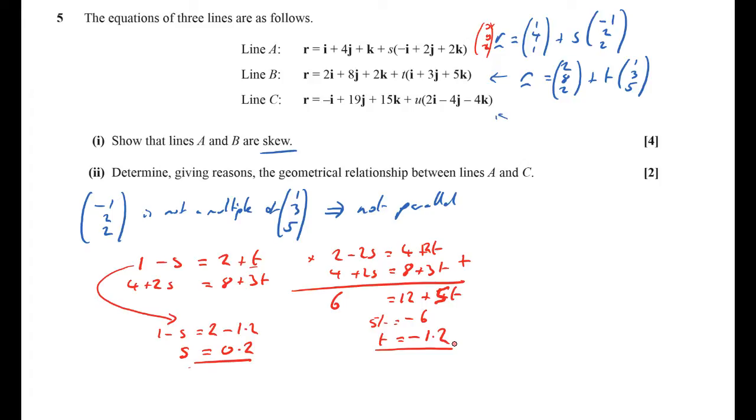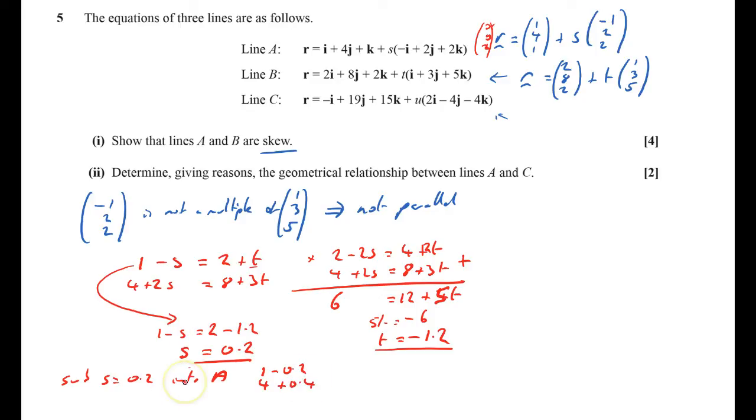Right, what do I get? So what I'm going to do is I'll sub s equals 0.2 into A. And that will give me, my x coordinate will be 1 minus 0.2. The y coordinate will be 4 plus 2s, so that'll be 4 plus 0.4.